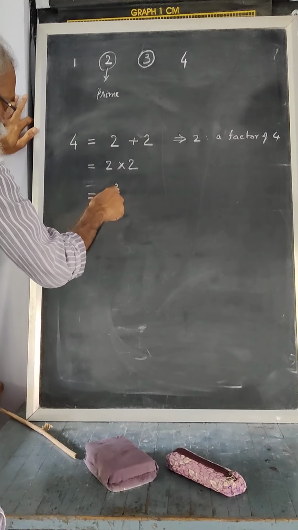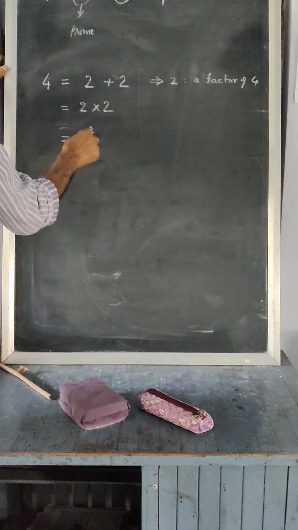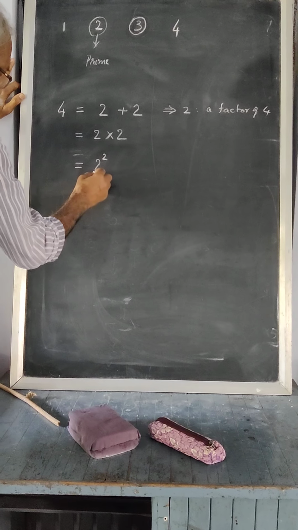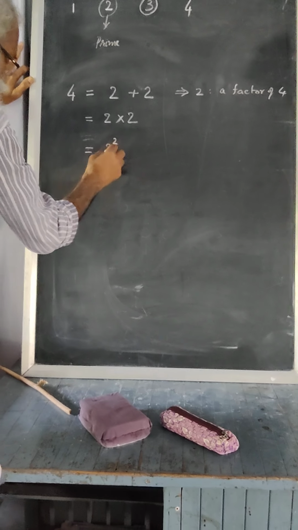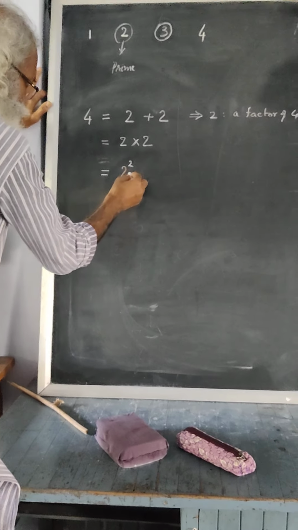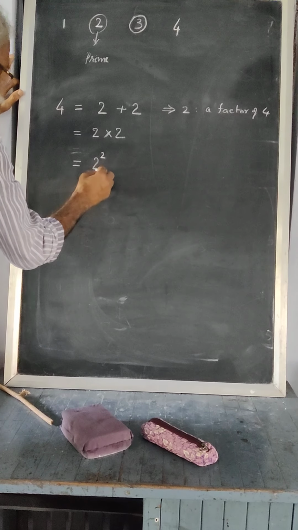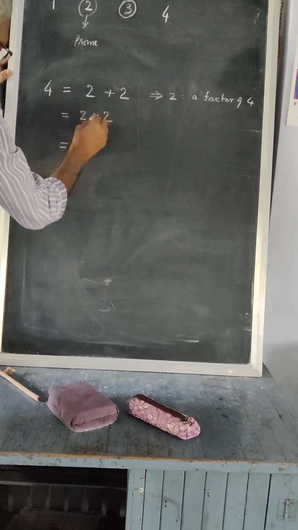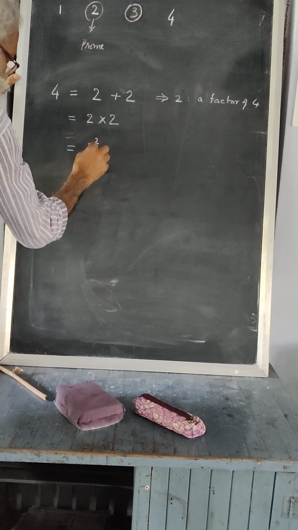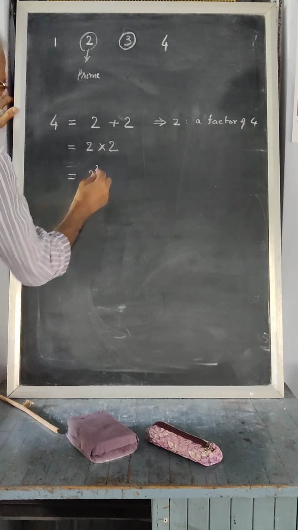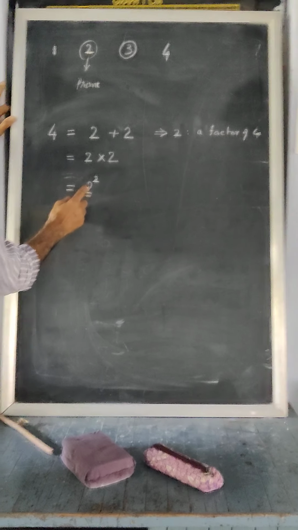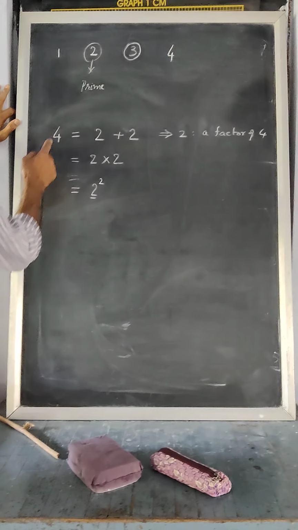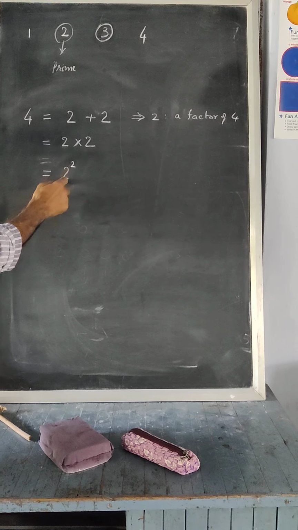This small 2 on the top right is called the exponent. So the number that is repeated is 2, that is big, we call it the base. The number of times this base is repeated is twice, so that 2 is written as the exponent in a smaller size, to the right and above, like this. So we say 4 is the square of 2.